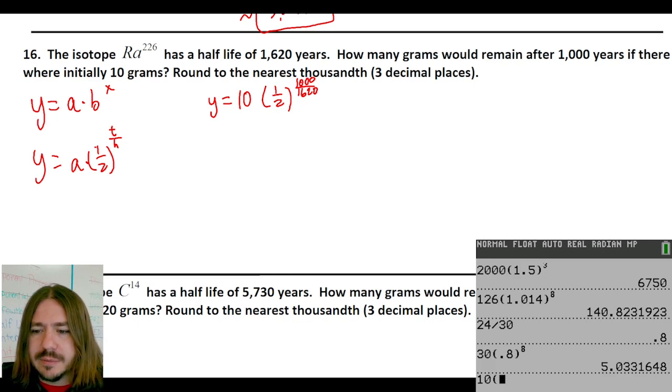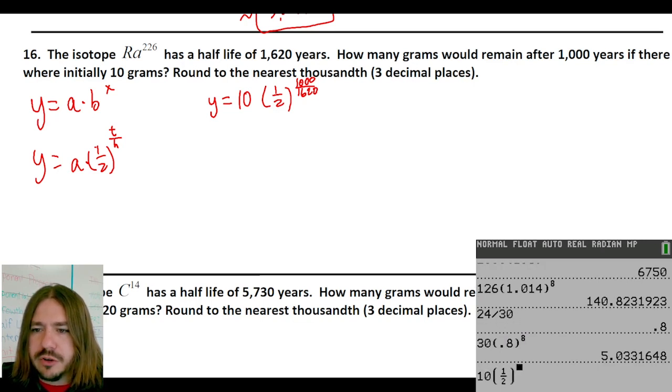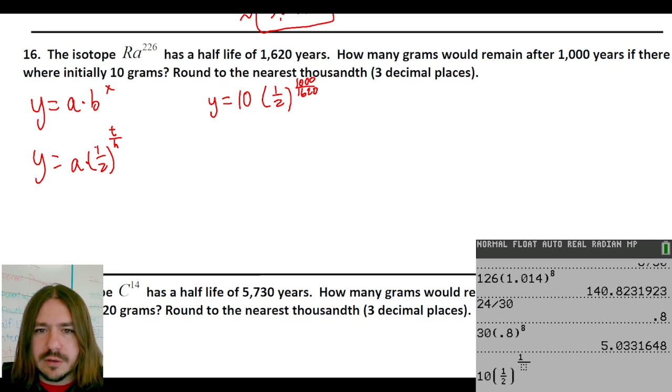10 times 1/2 to the power of, and then just make sure you're using this fraction function if you have it available. It just makes this go a little easier. 1,000 divided by 1620.